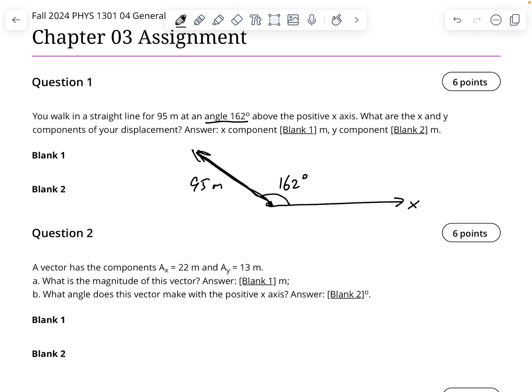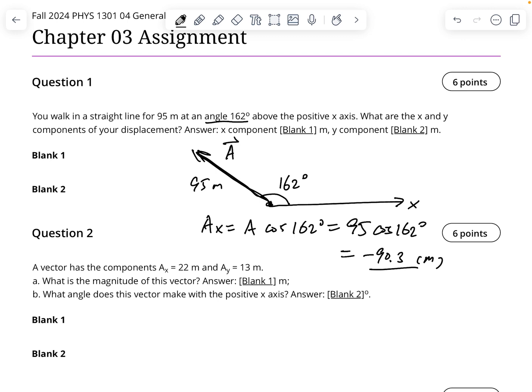So we call this vector A. So Ax equals A cosine 162, so that's 95 cosine 162. This will be negative 90.3, so this is your x component.